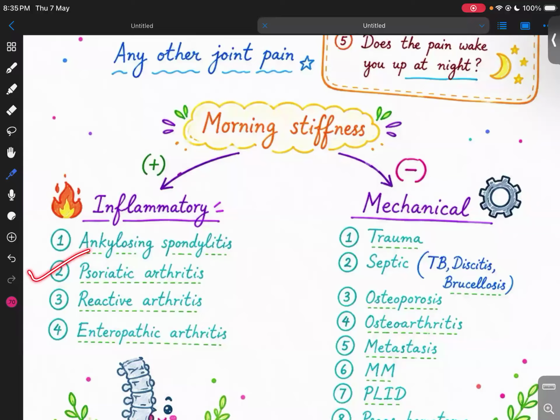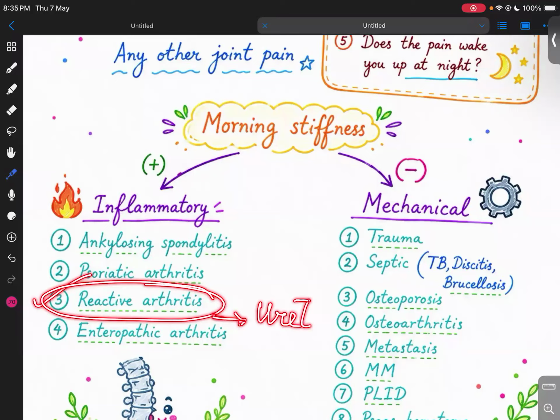To rule out psoriatic arthritis, we have to ask about skin rash. To rule out reactive arthritis, we have to ask, do you have any discharge from your private parts? That is the urethritis. We have to ask, have you noticed any burning sensation while urinating?